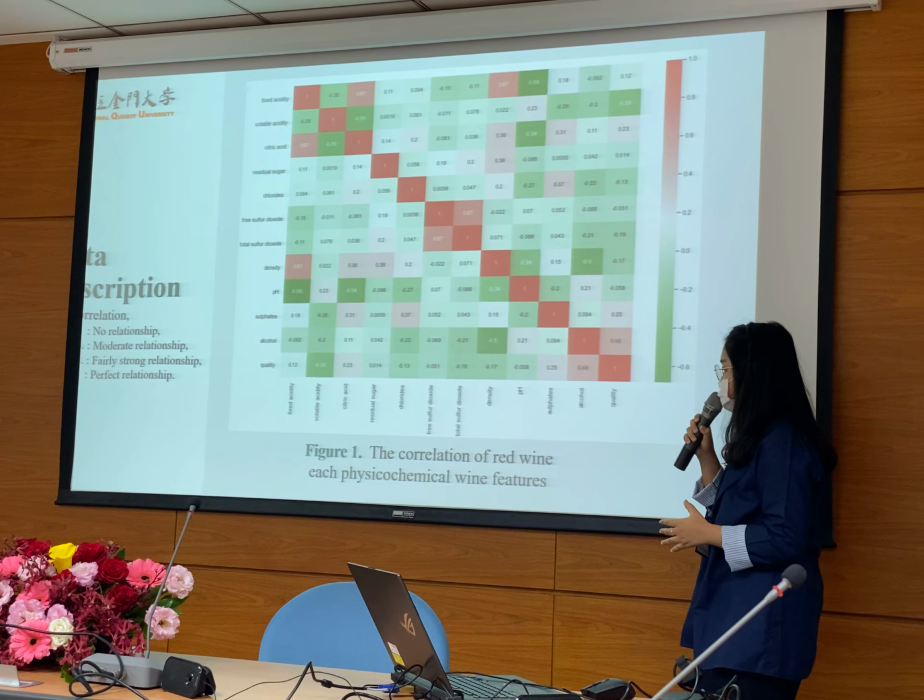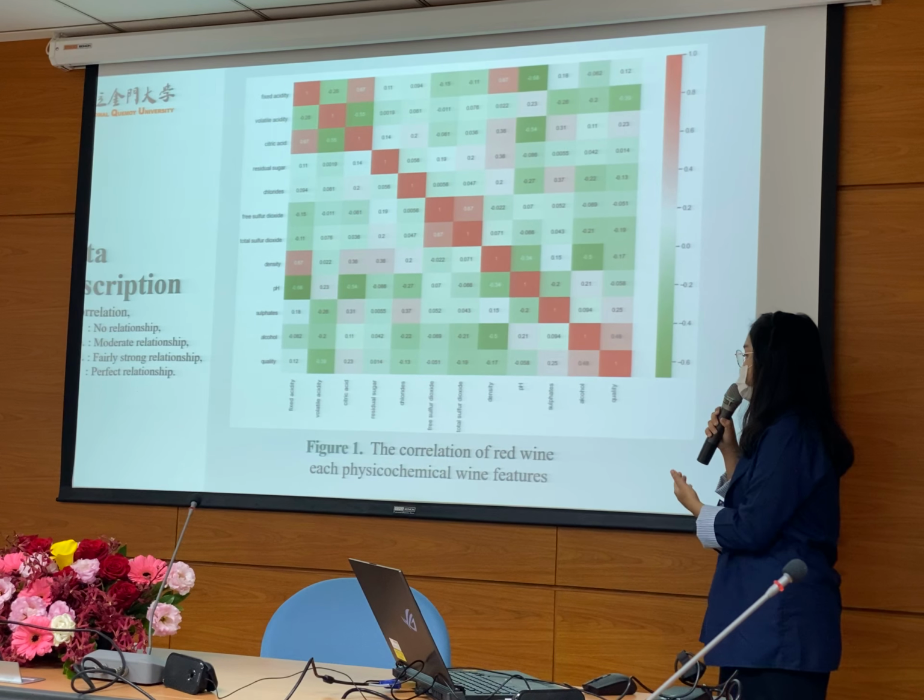Next is the data description. Figure 1 shows the correlation between the physicochemical features of the red wine.